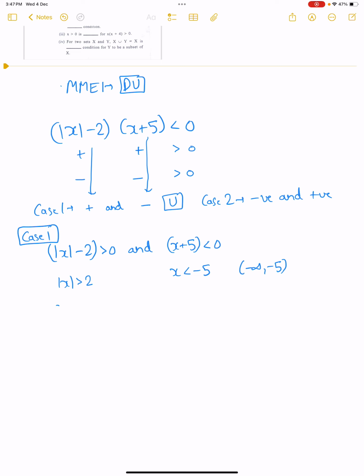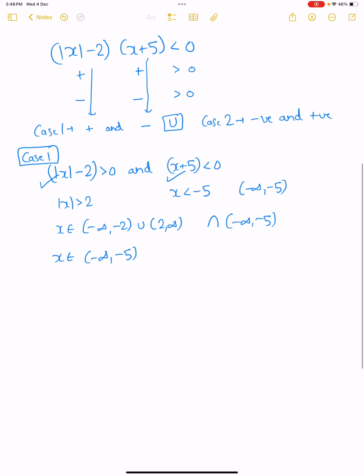Mod x is greater than 2 when x lies in the range minus infinity to minus 2 union 2 to infinity. And now since we want both these cases, we'll take this intersection, so we'll get minus infinity to minus 5. X would lie in this range. This is for case 1.